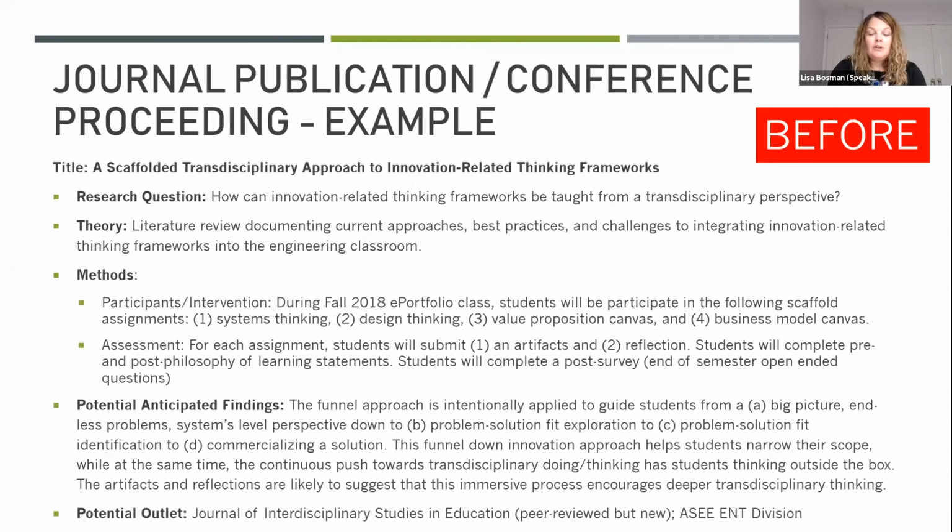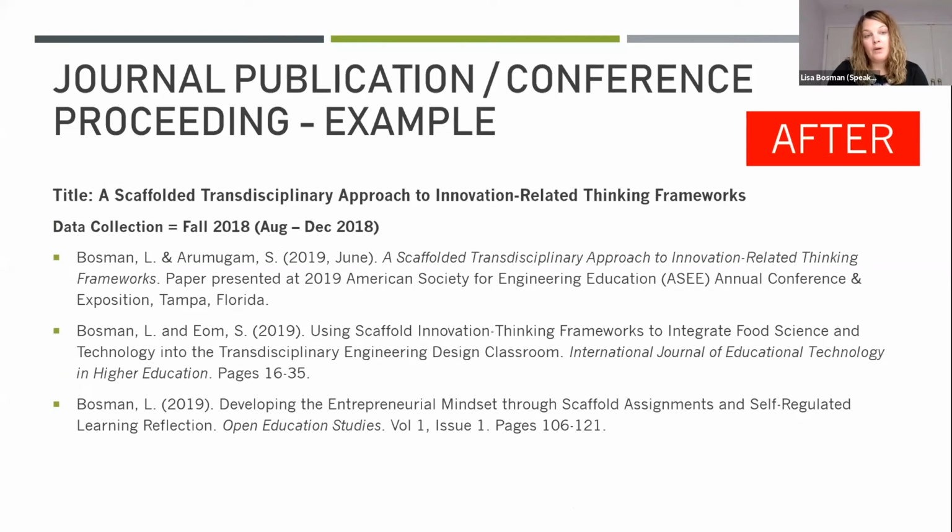Here's an example of what I had just discussed with those 6 key areas of what this looks like before. So this is an example I think I have listed on here from fall 2018 from a class, and I just listed all of these out. And what this resulted in was 3 different publications. So this background was completed in August.